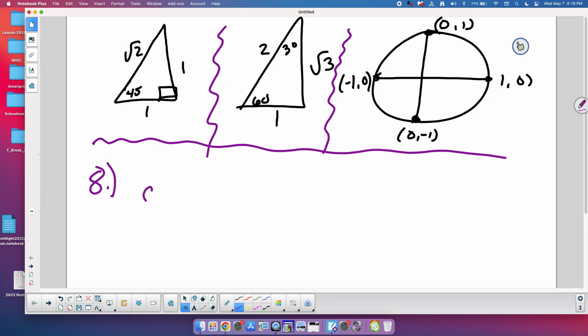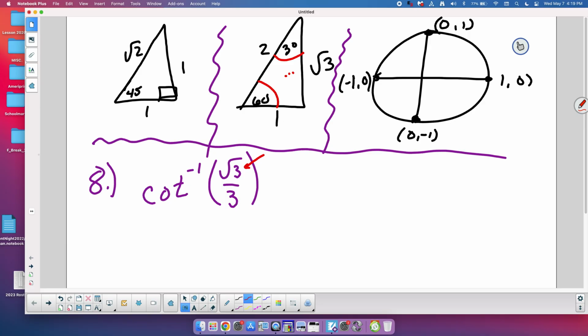Here's number 8, inverse cotangent of root 3 over 3. Okay, so my thought is since I see the square root of 3 there, I'm going to go with that triangle right there. I'm going to look at each angle, 60, 30, and what I want to know is which one gives me root 3 over 3 for cotangent. Well, I'll start with a 60.